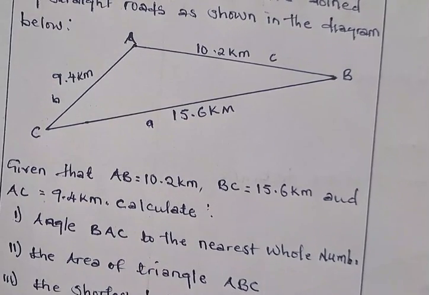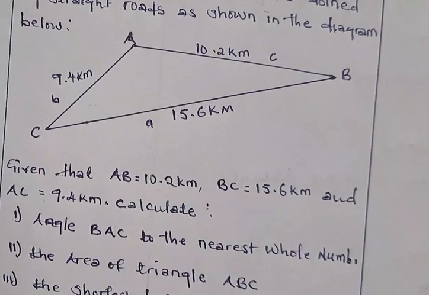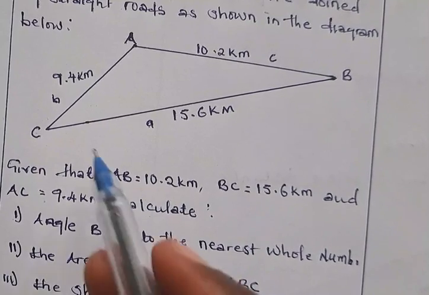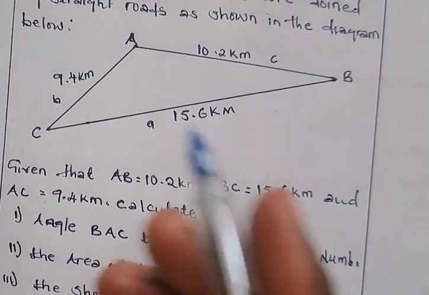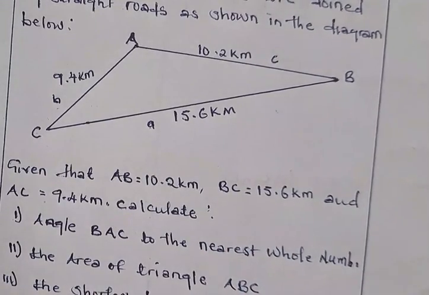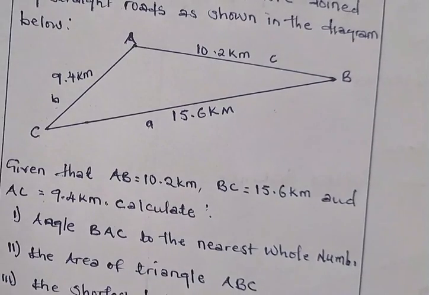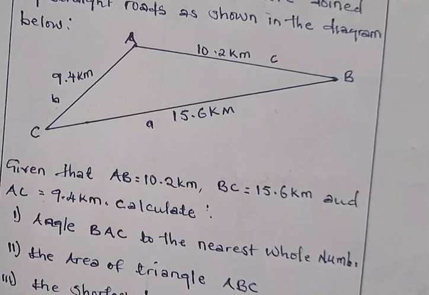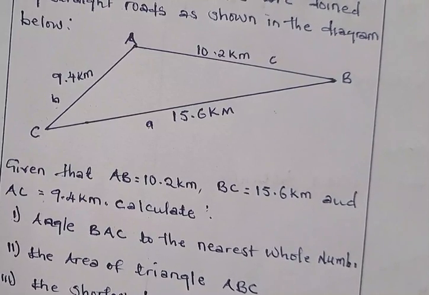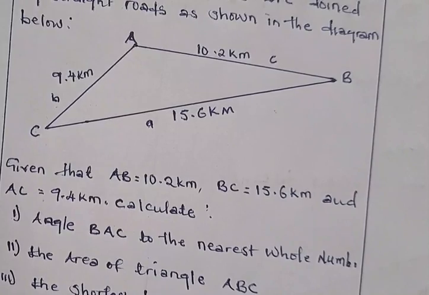Minus 2 then b. What do we say b was? b is this one, which is 9.4. Then c that is there, 10.2. Then cosine A. Like that, isn't it? Yeah.